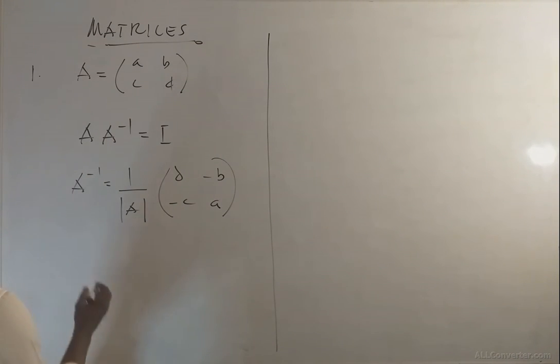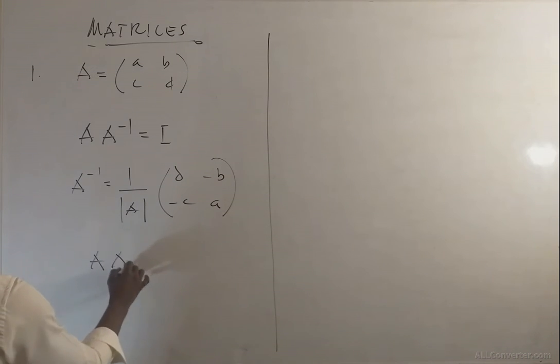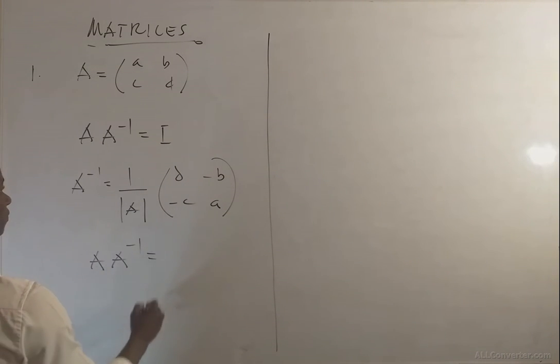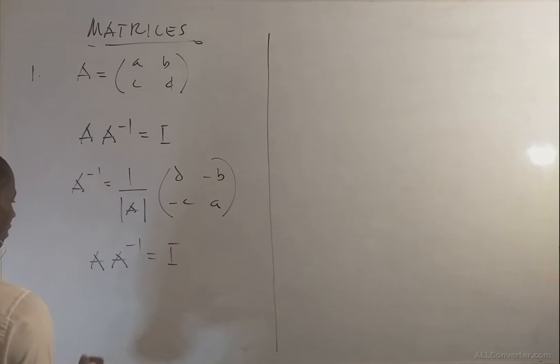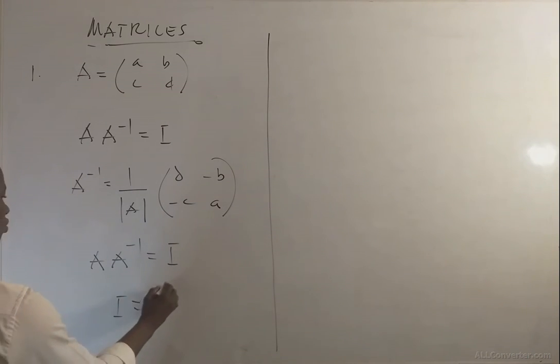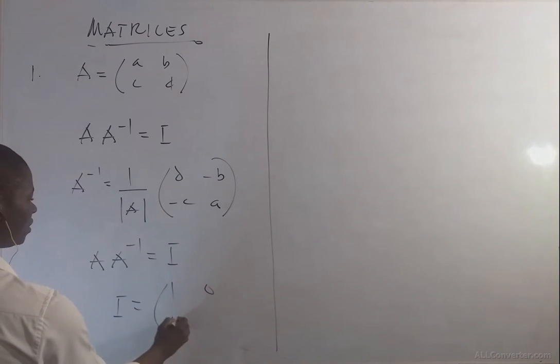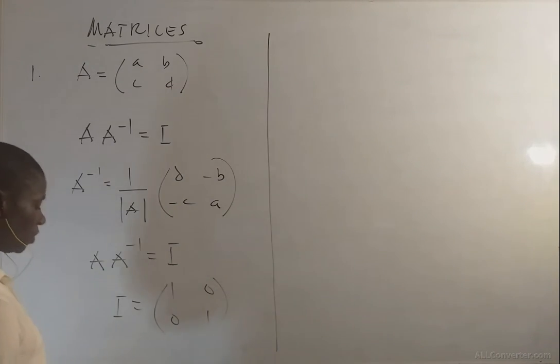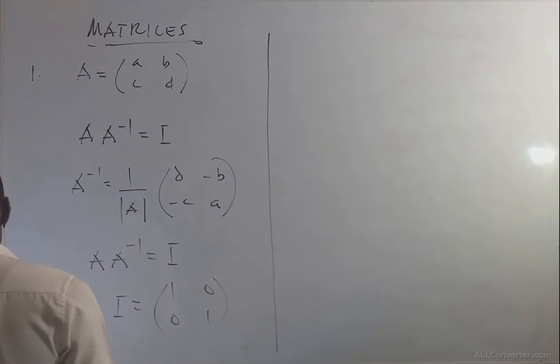And so what we are saying is when you multiply a matrix by its inverse, it's supposed to give you the unit matrix. And you know that the 2 by 2 unit matrix is 1, 0, 0, 1.